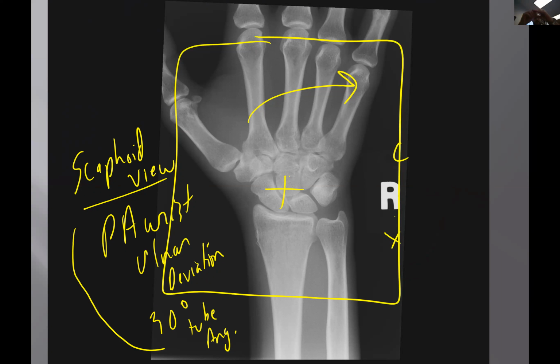Does that make sense? Yes. If you do P to A, ulnar deviation, 30 degrees towards the elbow, I'll tell you what, you guys will be writing me thank you notes. You'll be sending me Christmas presents, because you'll have a lot better shot of getting your wrist cases right.